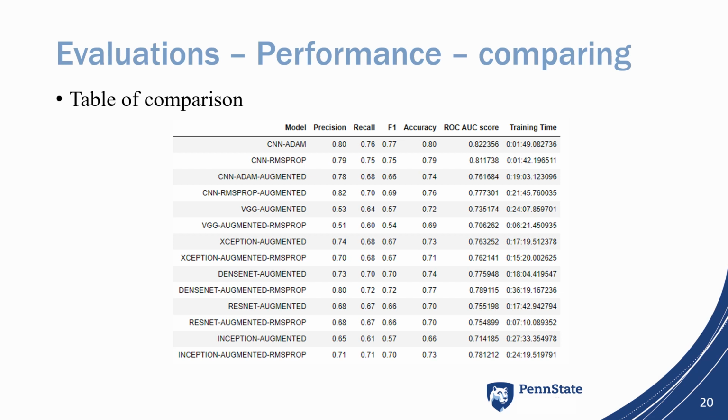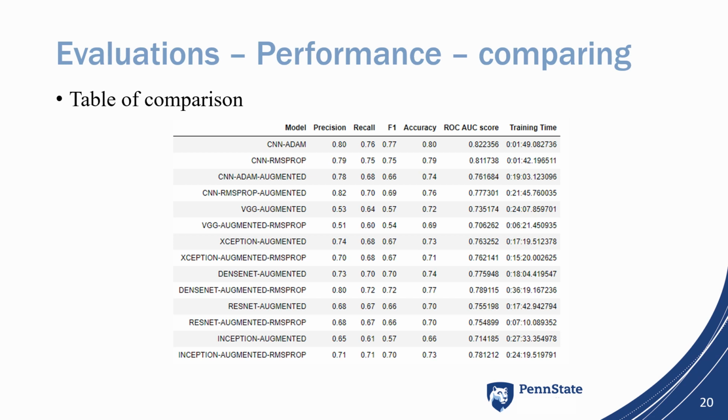We tested a total of 14 models, differentiated by the optimizer that we use, which are ADAM and RMSprop. Typically, we are interested in the F1 and accuracy score when we want to evaluate a classifier model.